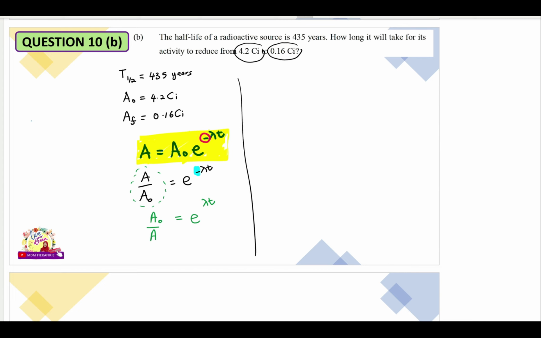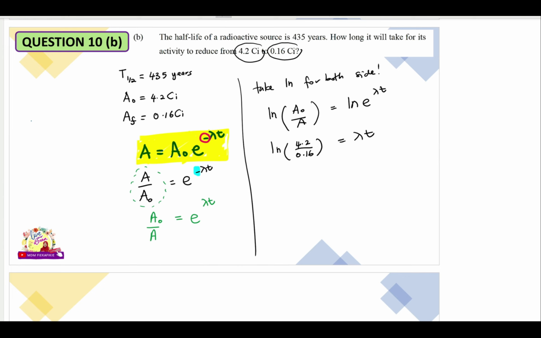So, baru you nak hilangkan e, then you take ln for both side. So, akan jadi ln A naught over A equal to ln e lambda t. Okay. So, barulah yang ini dah akan jadi, ln e lambda t bawa ke depan, ln e is equal to 1. Saya percaya awak tahulah nak selesaikan. Kan? Awak kan hebat lagi mathematics kan? Okay. So, dah akan jadi lambda t.